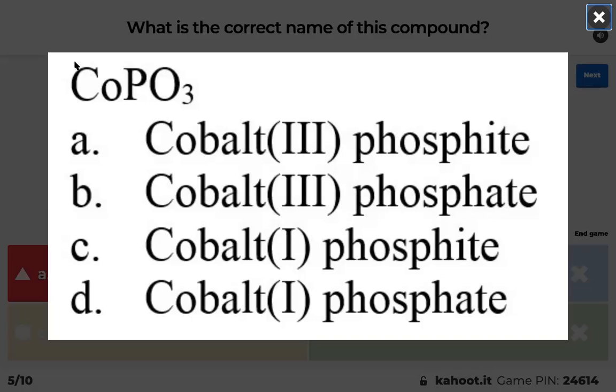Since there's only one Co, there's only one cobalt here, that cobalt has to be +3 in order to balance out and equal 0 for the whole compound. So if you know the polyatomic ion is phosphite, you can eliminate B and D, and then you determine that charge by doing that little bit of math, starting with your negative charge and calculating backwards to figure out the positive charge.